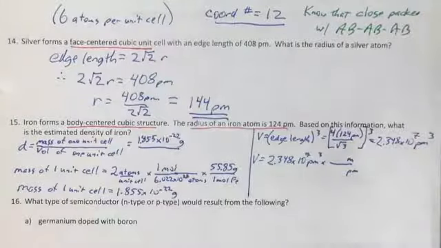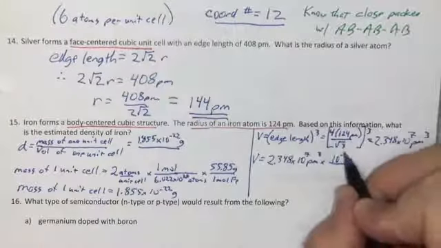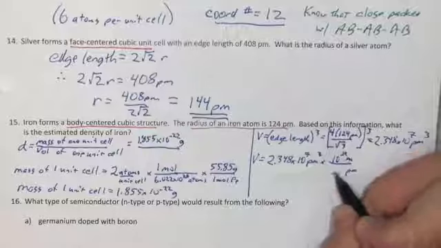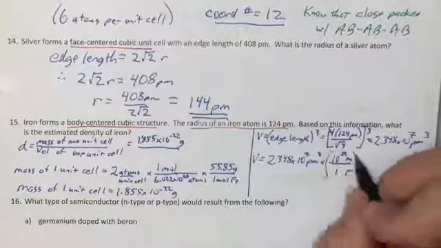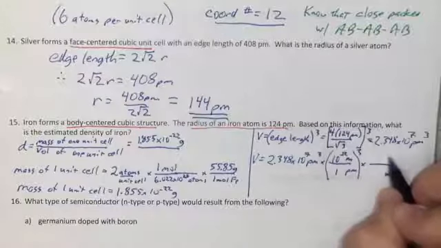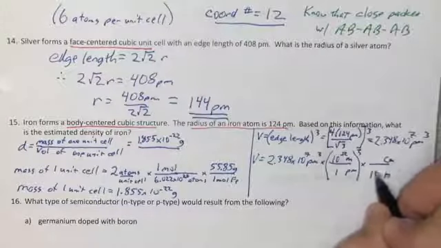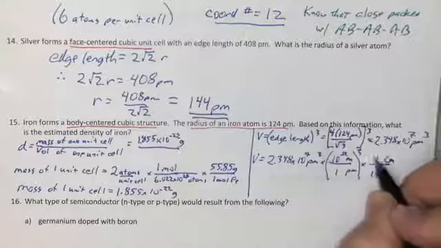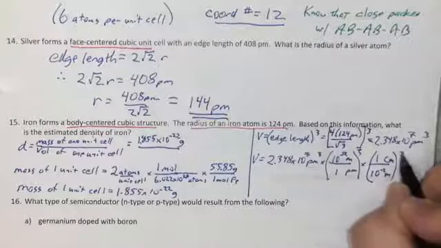Pico means times 10 to the negative 12. The 10 to the negative 12 goes with the base unit, and I have to cube this entire quantity. Now I'm going to go from meters to centimeters. Centi means times 10 to the negative 2. This goes with the base unit, and I have to cube this whole quantity.